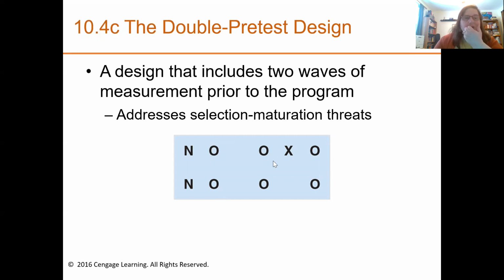So then we can worry a little bit less if we can assume what happens between the first O and the second O. Let's do the bottom group. From the first O to the second O, and between the second O and the third O, it's going to be relatively the same. We can account and address that. And then we can ascribe more of what happens to the treatment. Okay.